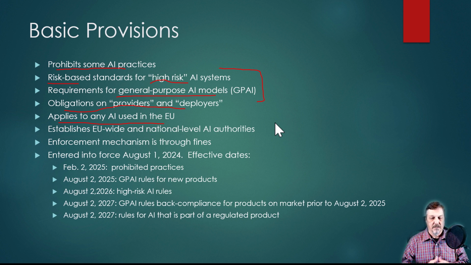U.S. companies really had to scramble to get ready for GDPR when it was coming online, because many U.S. companies have EU data subjects who they're doing business with. And similarly, if you're developing or deploying, providing or deploying an AI system, if there are EU subjects who are going to be affected by it, you're going to, at least theoretically, need to comply with the EU AI Act.